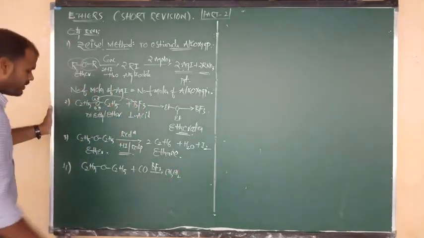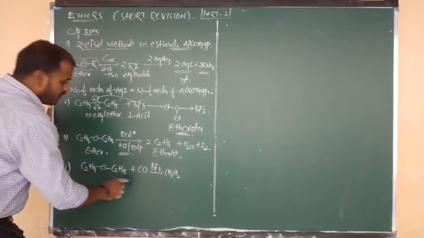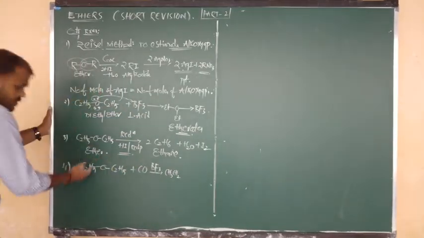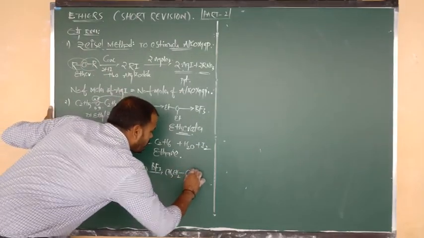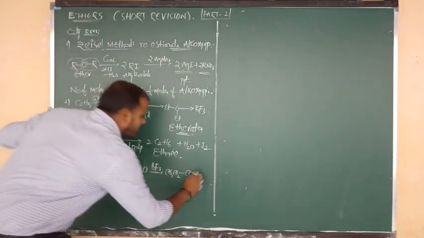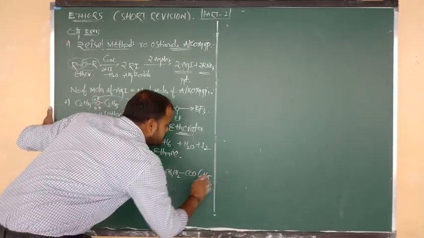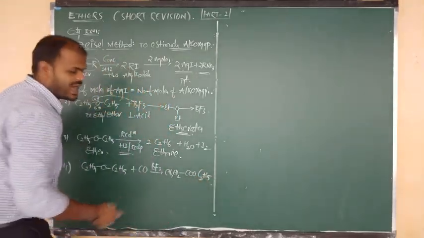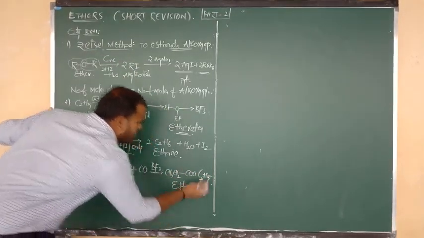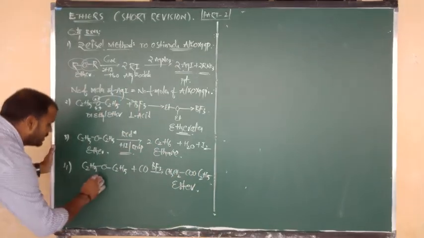No problem, it is connected to O, but here in presence of BF3, addition of CO will take place. CO, good. But it already contained originally one oxygen atom, and the oxygen is connected to the group, which is nothing but the C2H5 group. So this is known as ethyl propanoate. That means the product you are getting is nothing but what, beta? Ester.